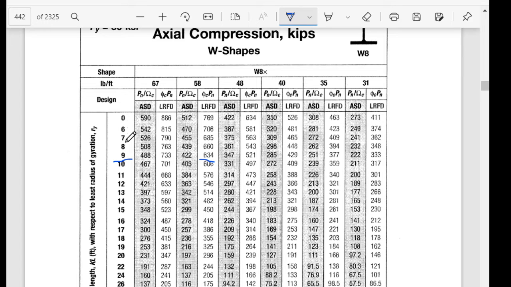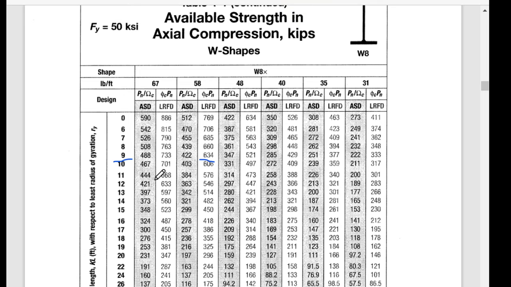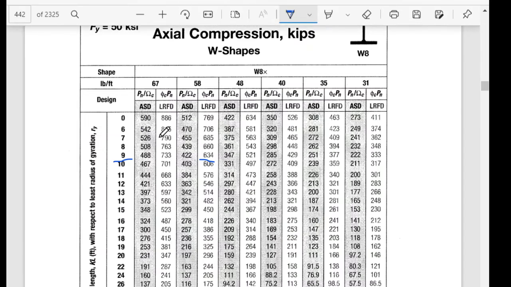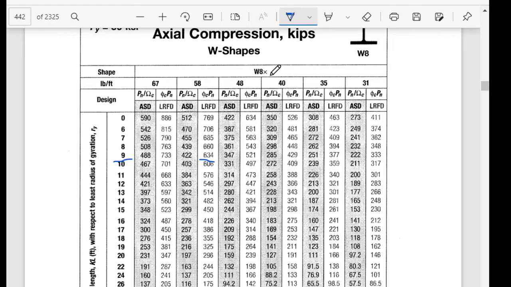They have 10 and 11, but you can't find 10.34. So what we're going to do now is interpolate. The shape is W8 by 58. Since the value of KL is 10.34, it is between 10 and 11.